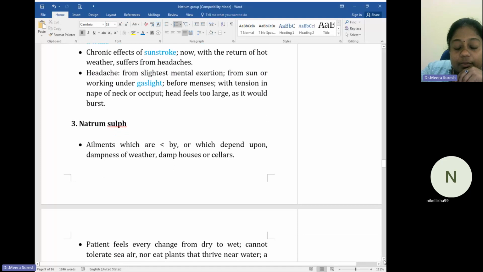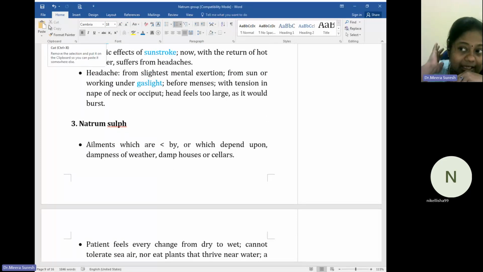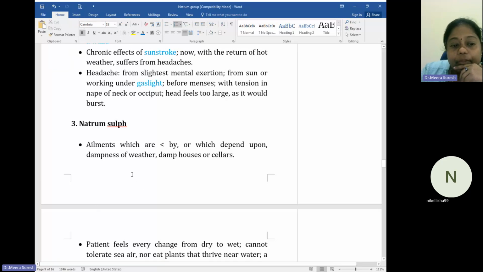Even natrum sulph is also having headache in the base of the brain or occipital. So the constitution will be there like the hydrogenoid constitution, like Thuja, Antimonium tart, Calcarea. So these are complaints of the people who are having complaints from damp weather, damp houses or cellars.